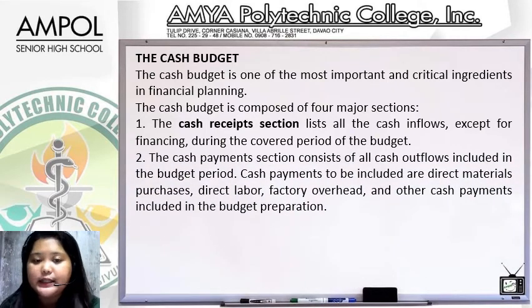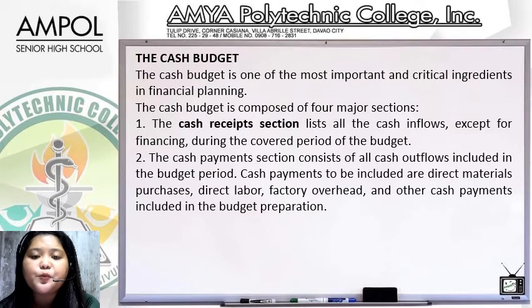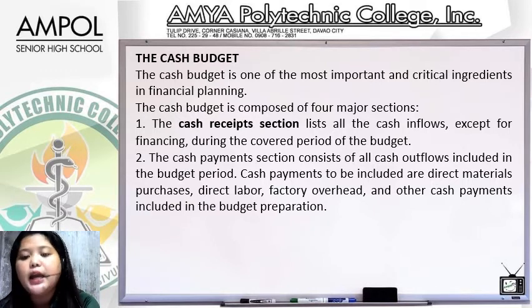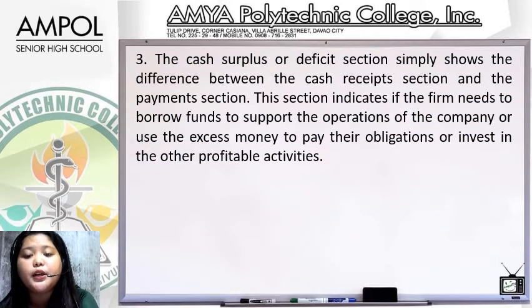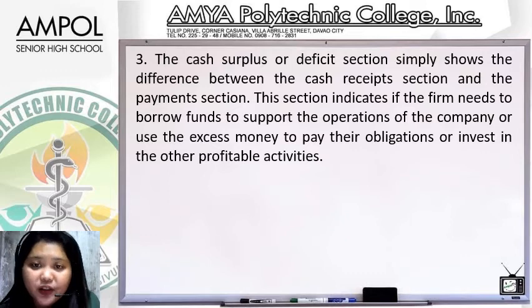The second one is the cash payments section. This consists of all cash outflows included in the budget period. Cash payments to be included are direct materials purchases, direct labor, factory overhead, and other cash payments included in the budget preparation.